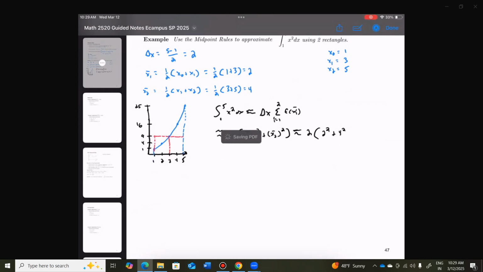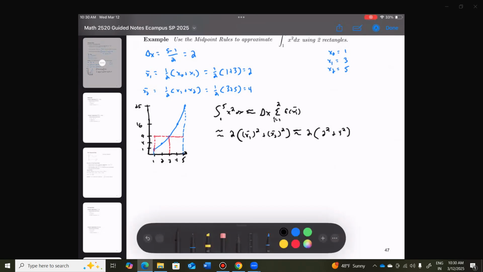And so we'll have 4 plus 16, which is 20, times 2, which gives you 40. Okay, so that's our approximation.